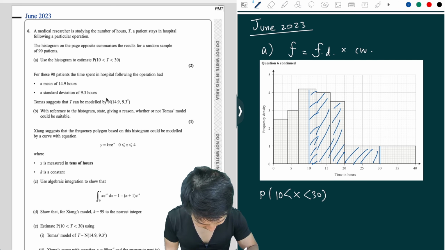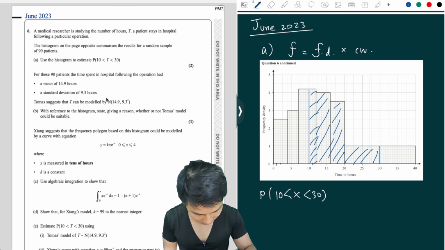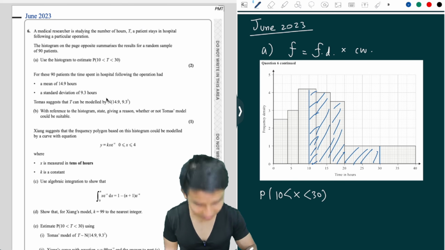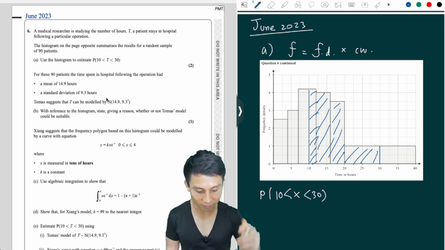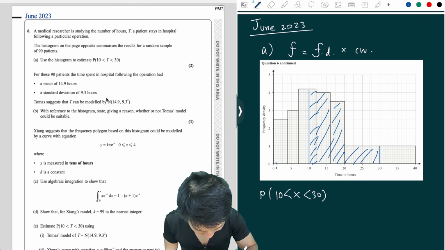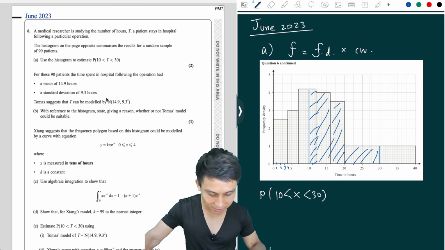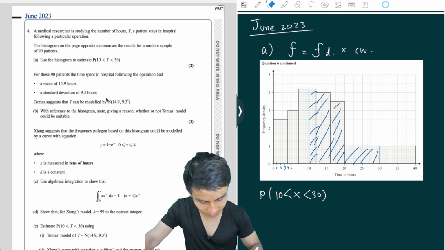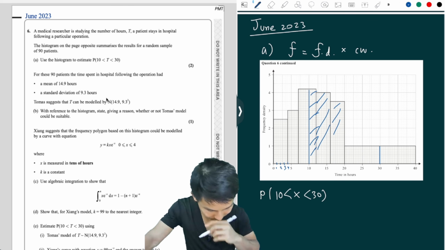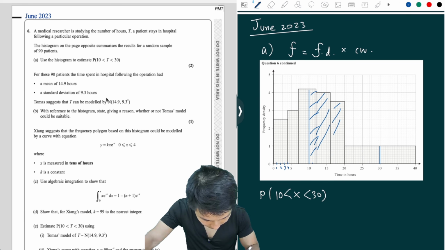Seems like this is 2.5. Okay, so one tiny square is 0.5, right? Because this is 1 here, 2, 3, 4, 5. Yeah, so one tiny square is just 1. So let me just delete something out first so that I can see clearly. So this is 1 and 2.